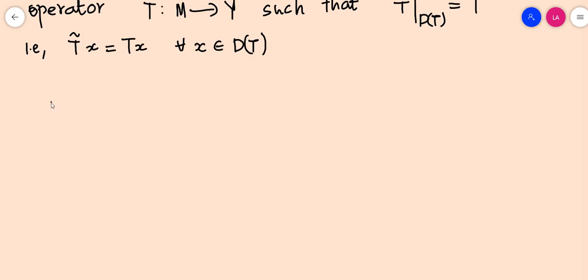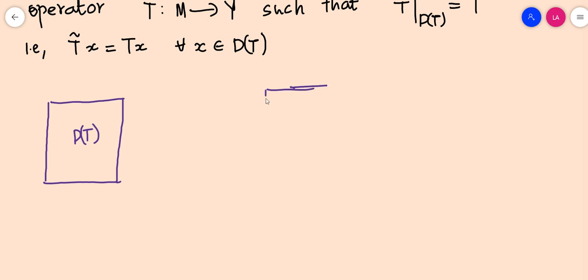So this is actually D of T, and this is actually Y. And T is a function, so in the first case T is a function from D of T to Y. Now consider a subset.